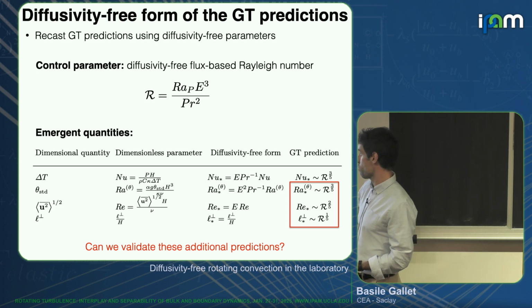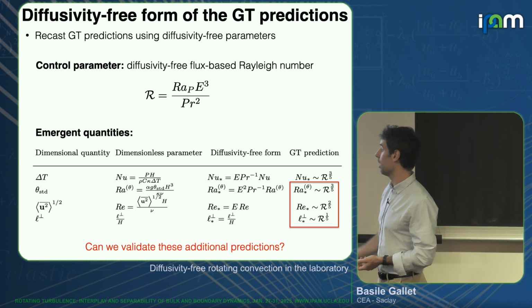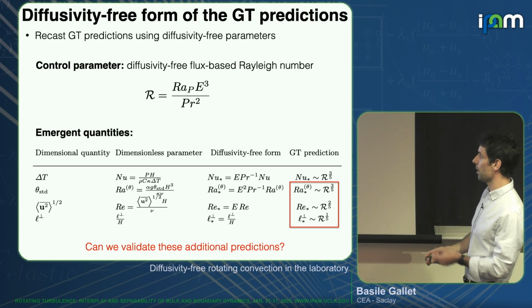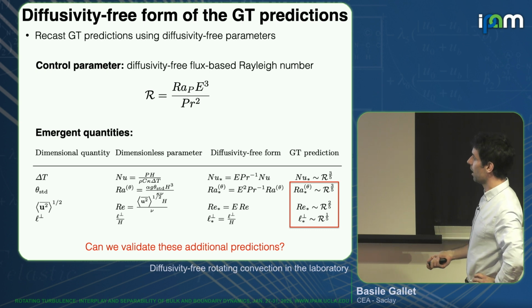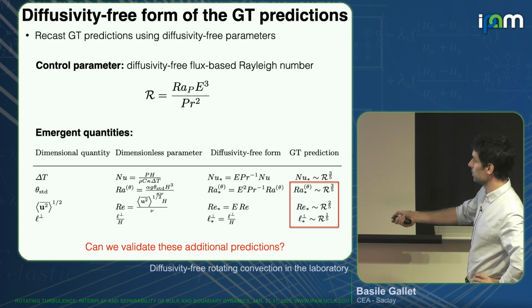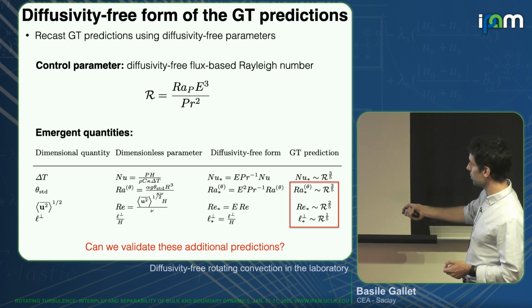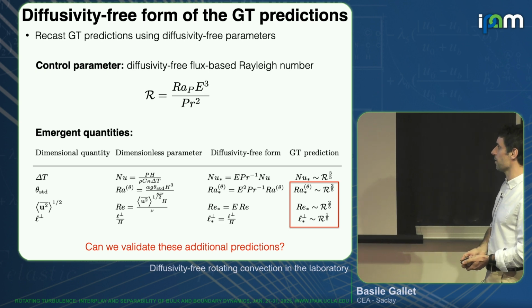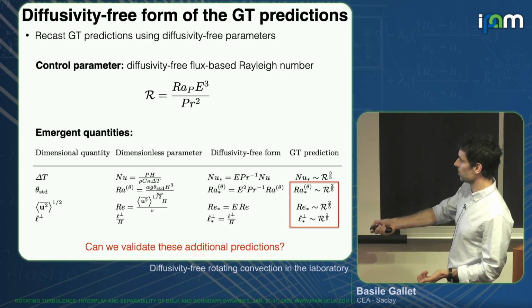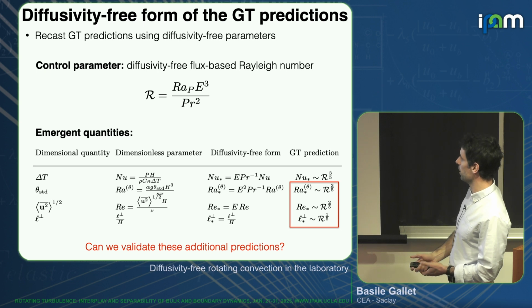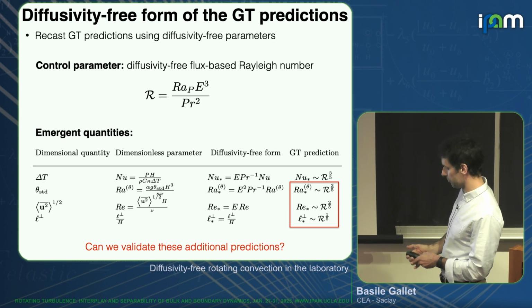You can measure the root mean square velocity in the numerical simulations, because we're going to have to turn to numerical simulations, and build a diffusivity-free version of the Reynolds number. It should go like R to the 2/5, according to the theory. You can measure the horizontal scale and see how it depends on R. It should be R to the 1/5.